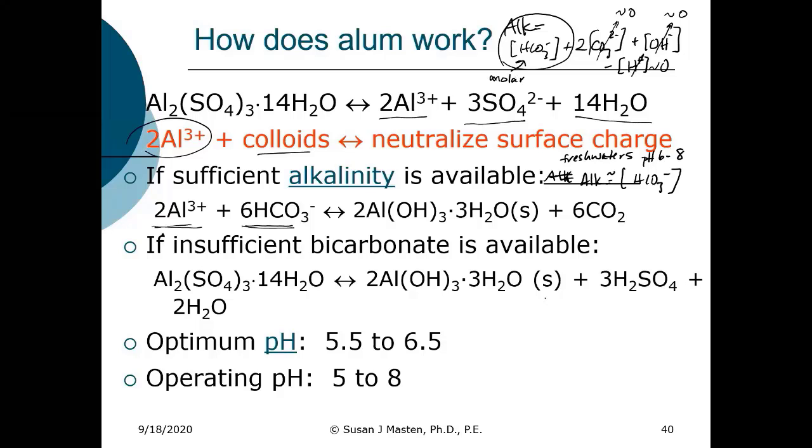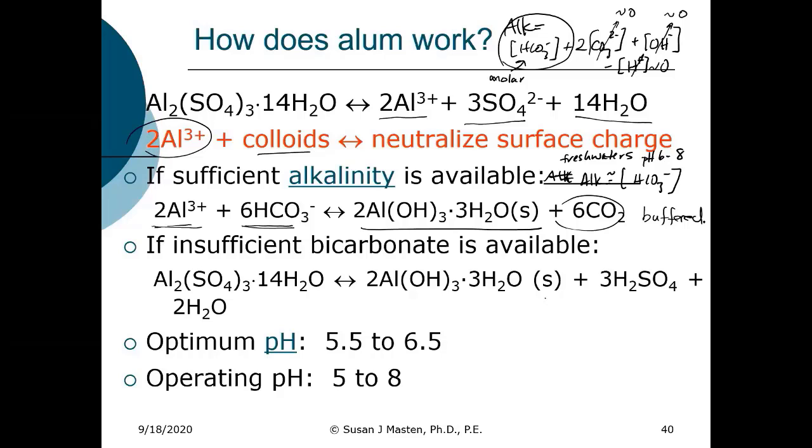And here what happens then, if your aluminum ions react with bicarbonate, you produce the aluminum hydroxide that we talked about, and CO2, and the system is buffered. If the system is buffered, what does that mean in terms of pH?